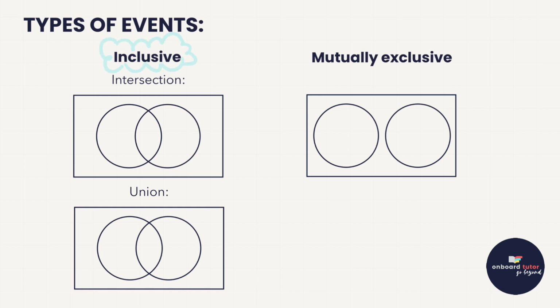Either the events are inclusive or the events are mutually exclusive. And straight away, you can spot a very clear difference. Inclusive events means that they can overlap, and mutually exclusive events means that they happen without interacting with one another at all. So event A and event B are mutually exclusive because they don't overlap.